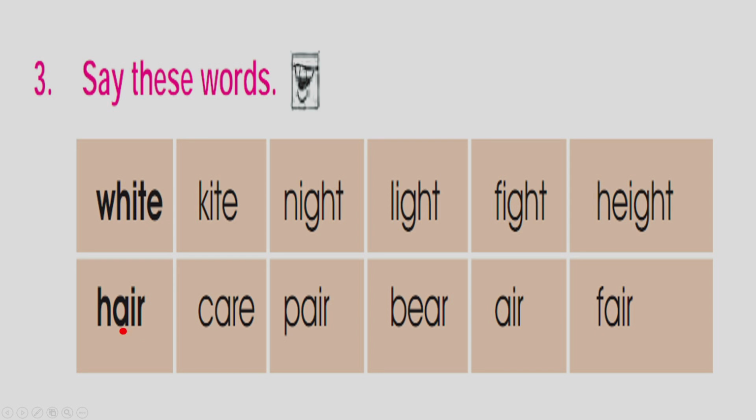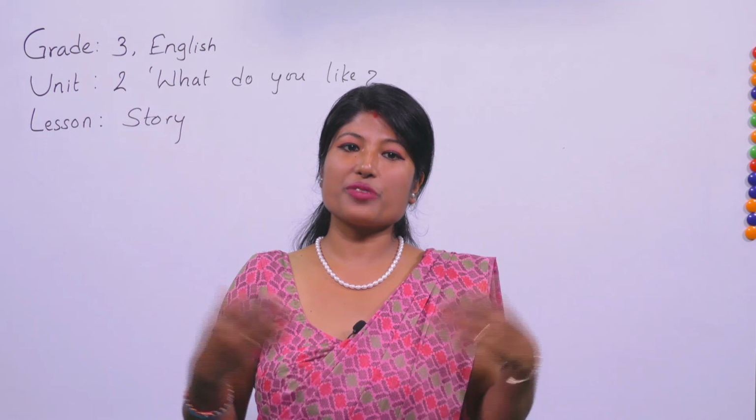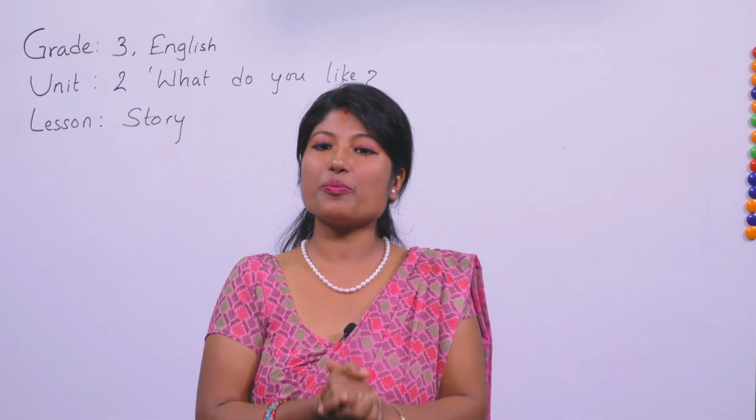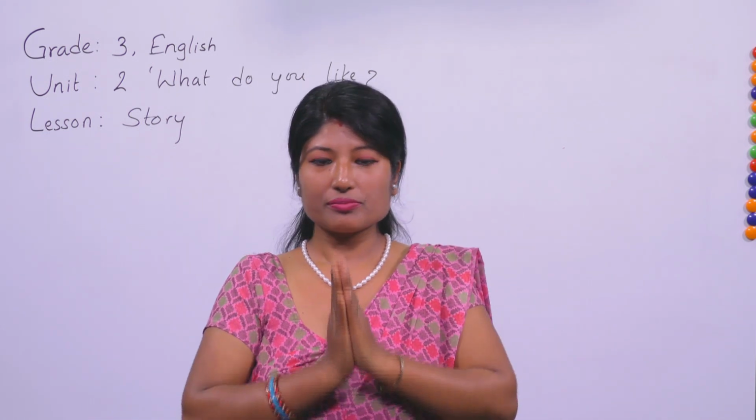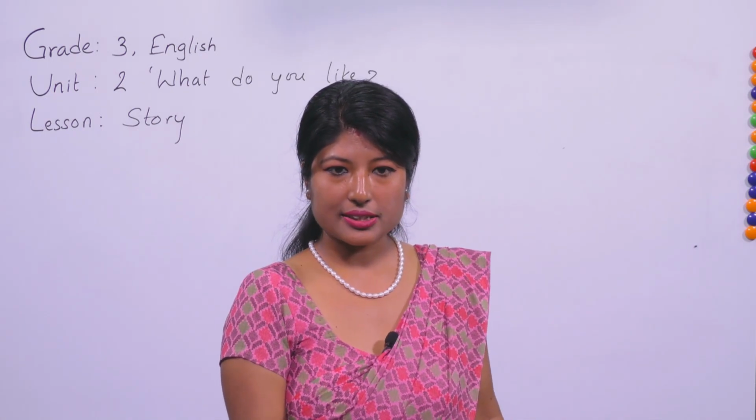Air sound: here, here, care, care, pear, pear, bear, bear, air, air, fair, fair. Okay, so this is the way you pronounce these words. This is the way you say these words. I hope you have learned how to pronounce them. Let's see what is there next.